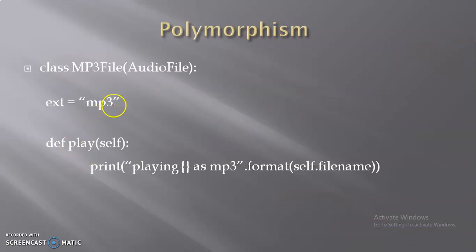In the child classes, we create an ext variable with the required extension, and we write a play method. It prints playing file name as mp3. So this play method shows this particular message.